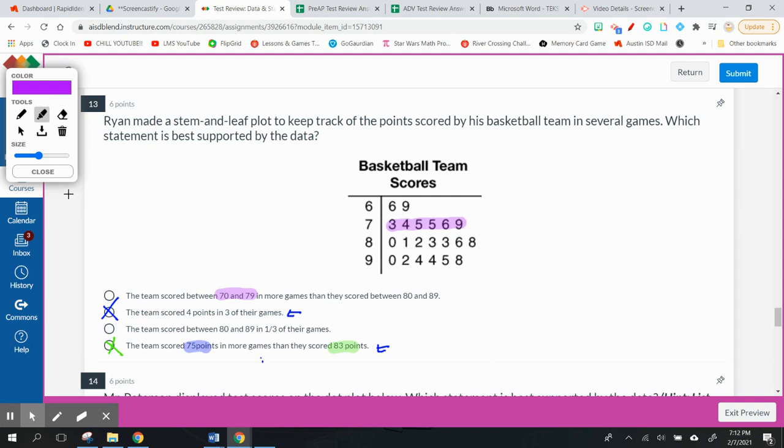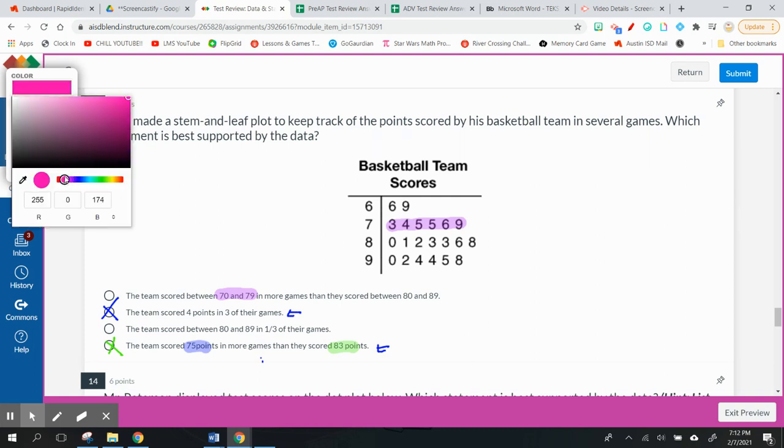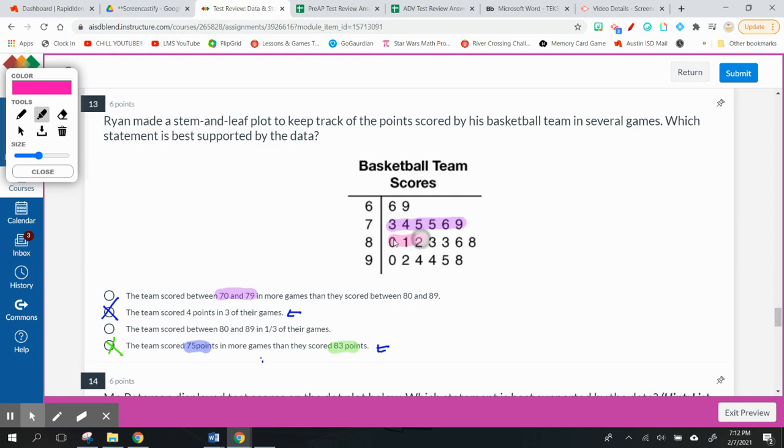Then they scored between 80 and 89, which would be these. Well, did they score more in the 70s than they did in the 80s? False. They scored less, right? In the 70s, they scored 1, 2, 3, 4, 5, 6. And in the 80s, they scored 7. So that would be false.